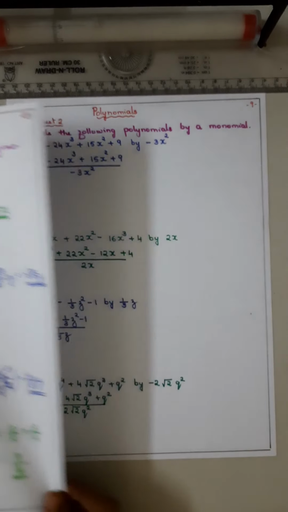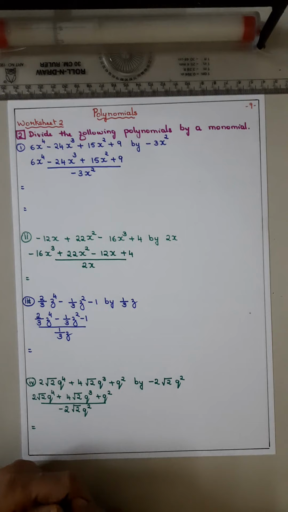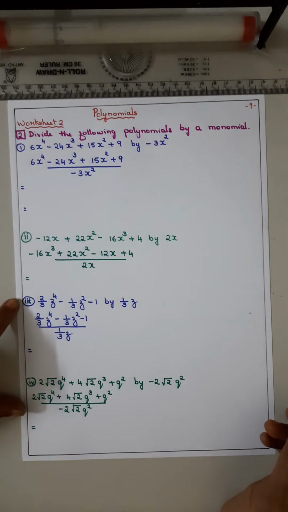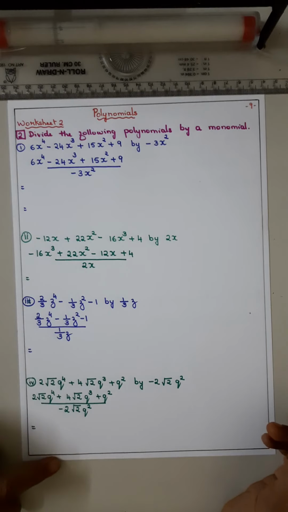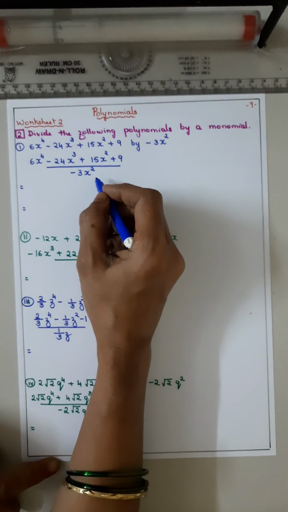Now coming to question number 2, divide the following polynomial by a monomial. Polynomial by a monomial. Now 6x to the power 4 minus 24x cube plus 15x squared plus 9 divided by minus 3x squared.